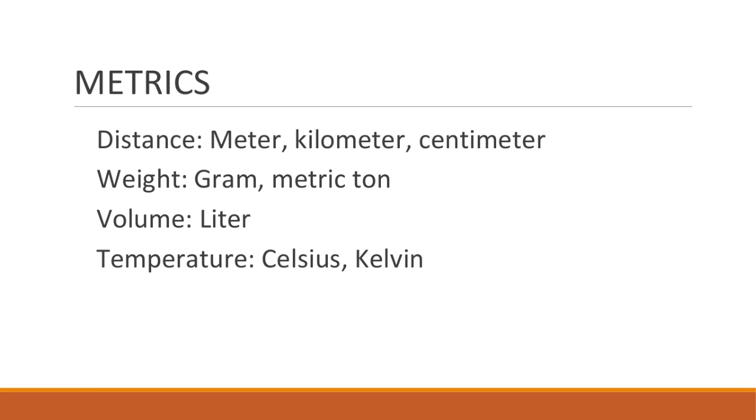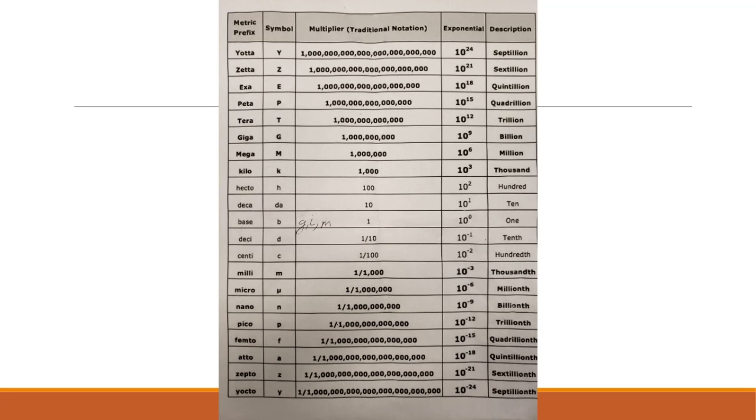So I think we hadn't gotten to this yet. Okay. When I was saying that the metric system is a base 10 system, I think this is the best way to visualize what base 10 means.